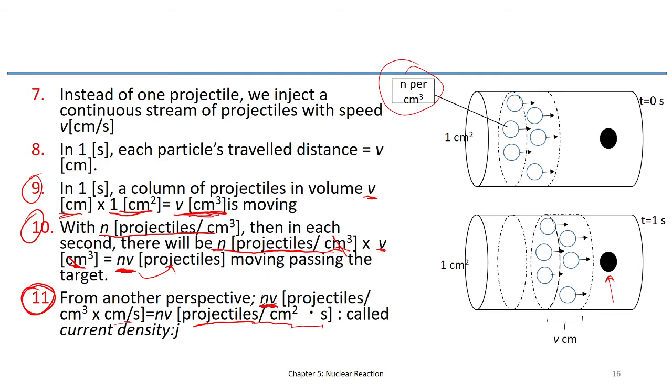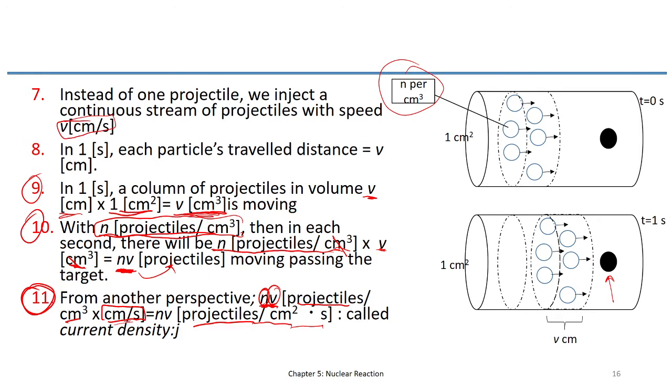If you want to multiply n with v, n is projectiles per cubic centimeter, and v is centimeter per second. This one originates from point number 7.